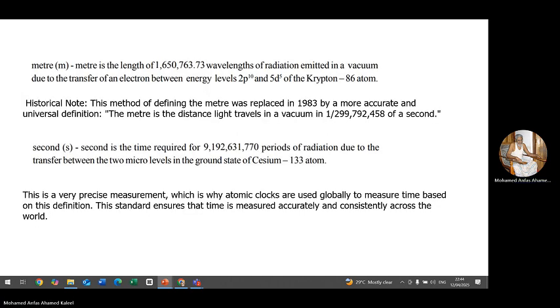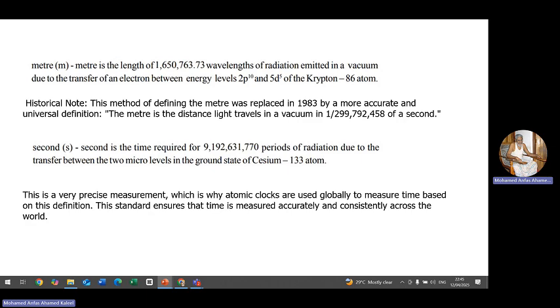Okay, in that sense, we will see the definitions of the basic SI units. Let's say the meter. The meter has a definition.